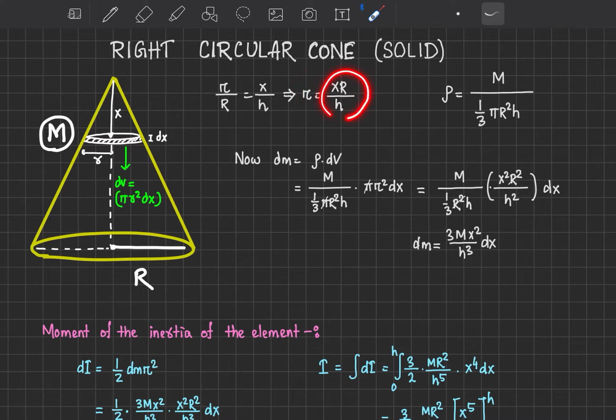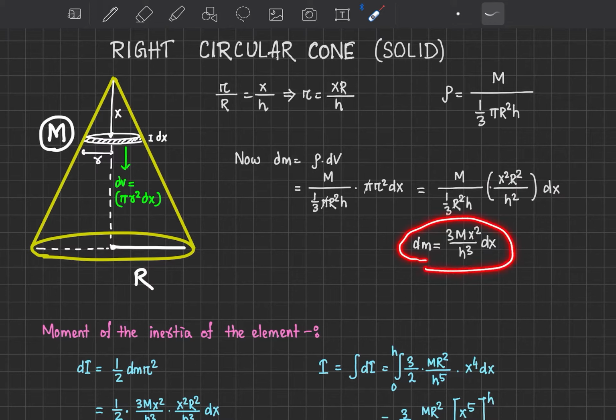Now we put this x R by h here, so we have m by 1/3 R square h into x square R square by h square dx. Now the capital R term is constant, and the h value is also constant for the cone. The only variables are x square and dx. Now we can integrate it easily.